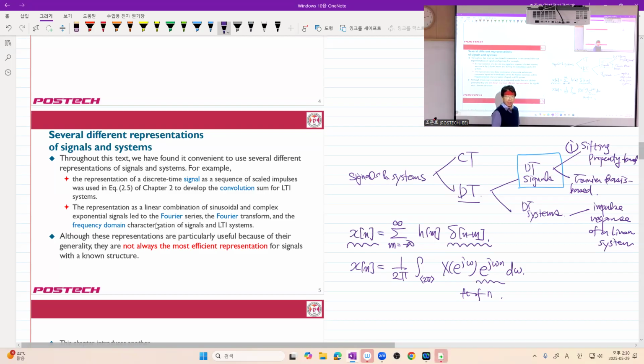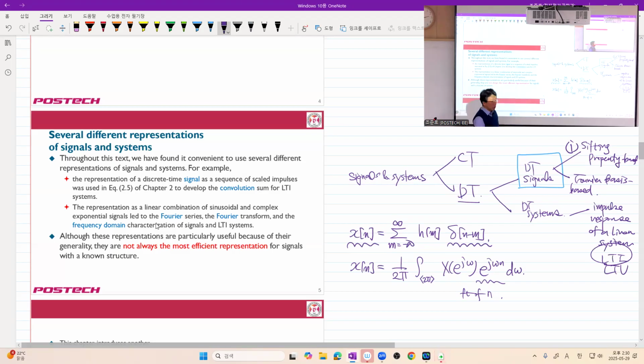Got it? So, by the way, this representation was motivated by the fact that if we have a discrete time LTI system, what was good? Every LTI system has what? This e to the j omega n as an eigenfunction.